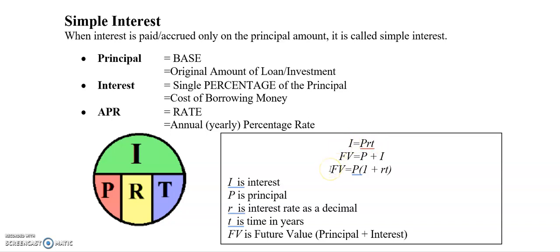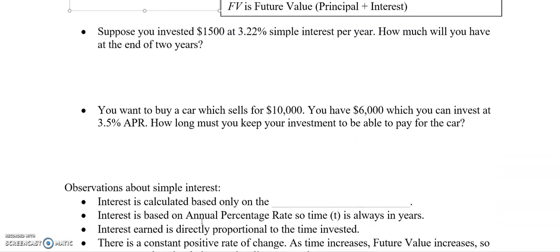However, sometimes we're going to be dealing with a future value, so how much is in the account sometime down the road, and in that case we have to use this formula of FV is equal to P, so the future value is the principal times 1 plus the rate times the time. And in this case, T is always given in years, so make sure if you are given time in something other than years, you have to convert it to years before you can plug it into your formula.